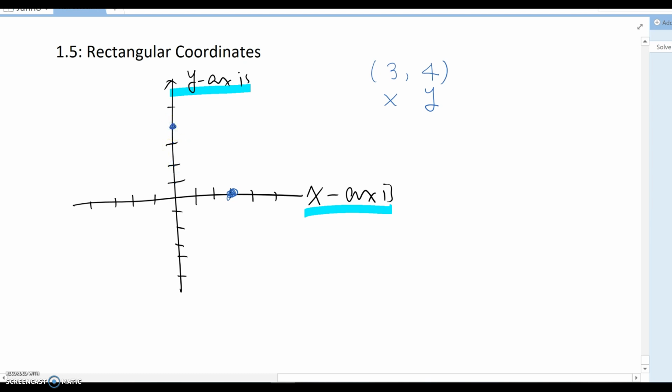But please remember that this point must be together, but these 2 points, they're separated, right? So if you think 3 and 4, you can indicate this point and this point. That's not the right way to plot the point. Then how do we find the 3 and 4 appearing at the same time?